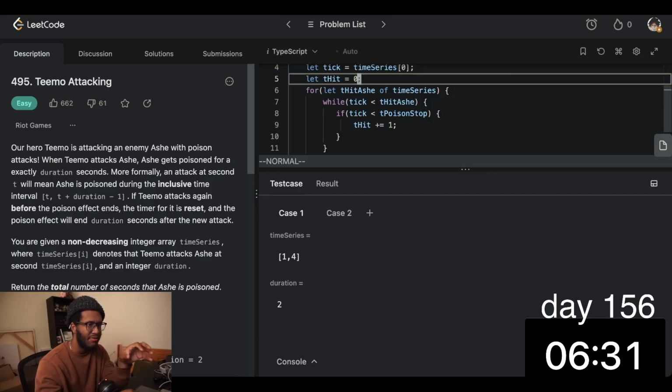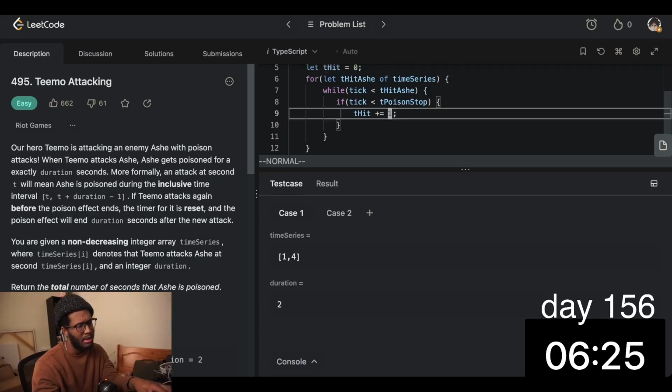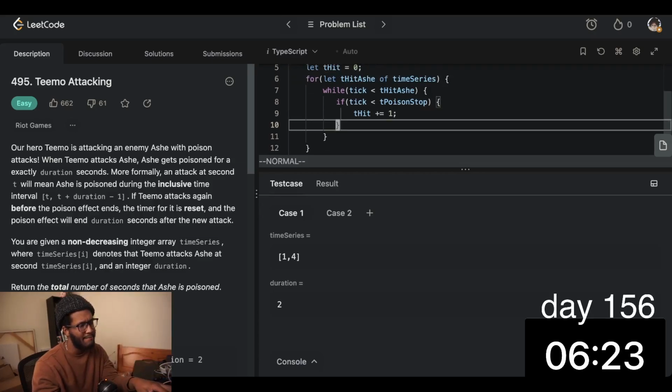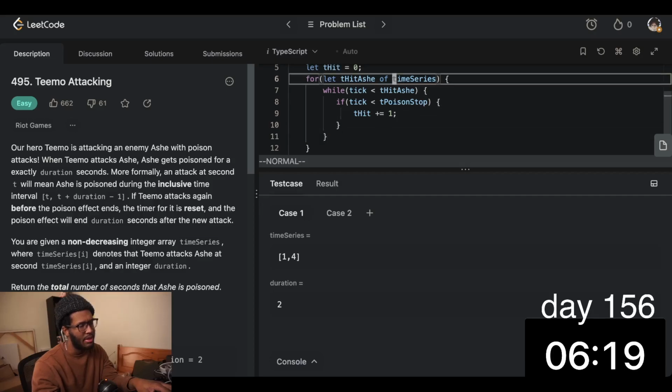Which is a little convoluted, but then iterating over, this is going to say 1. Our tick is going to be 1 as well. 1 is not less than 1.